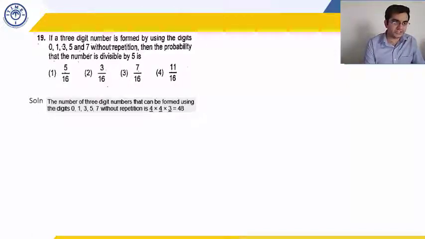So a total of 4 digits are now available. So the second place can be filled in 4 ways, and the third place can be filled now in 3 ways. So the total number of possibilities becomes 4 into 4 into 3, that is 48. 48 ways.